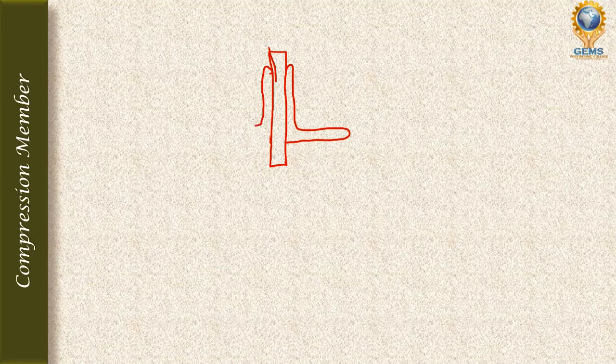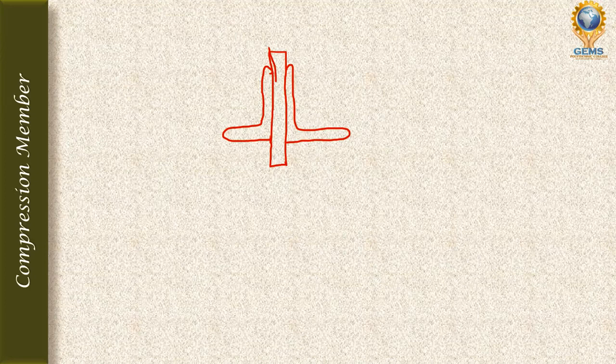If it is a gusset plate, both angles will be connected in opposite direction.